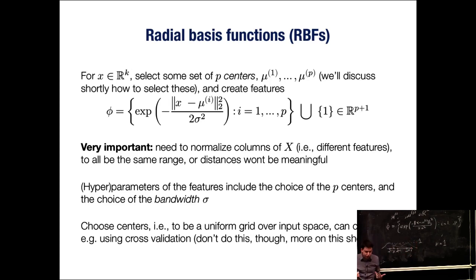What our features are is the function values for all these different functions implied by different centers, all concatenated together. So that becomes my feature value. The feature value just becomes my set of these expressions.